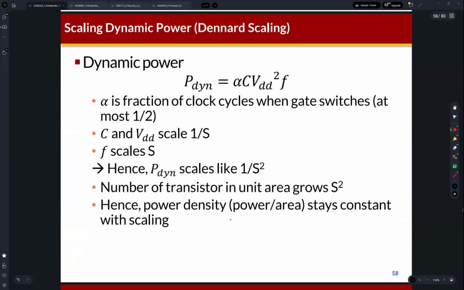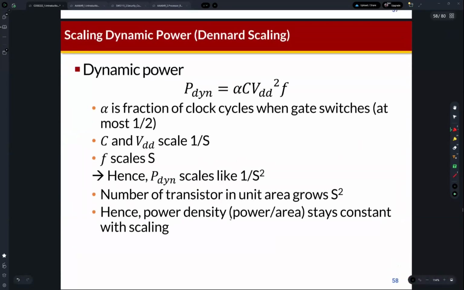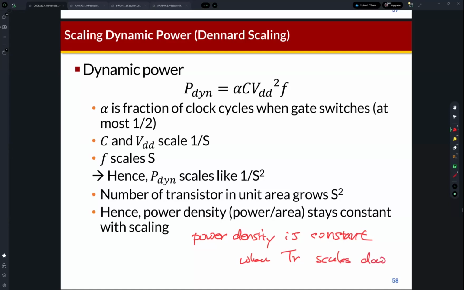This slide explains the Dennard scaling, a scaling of dynamic power. Dennard scaling says that the power density is constant when the transistor scales down.